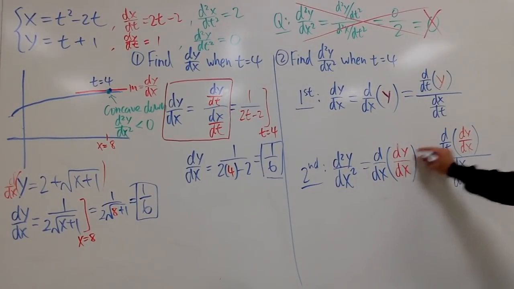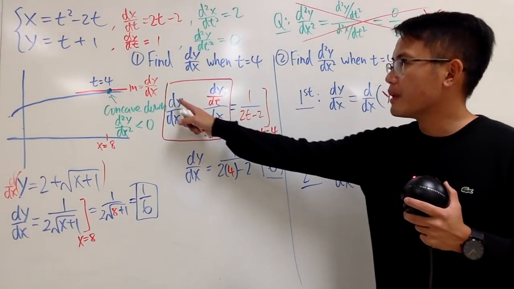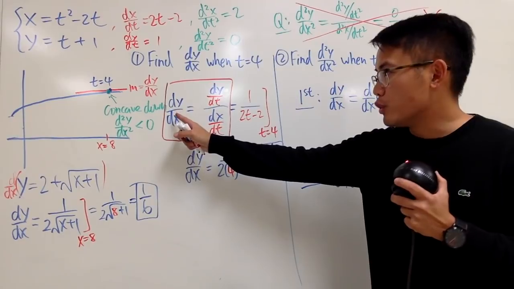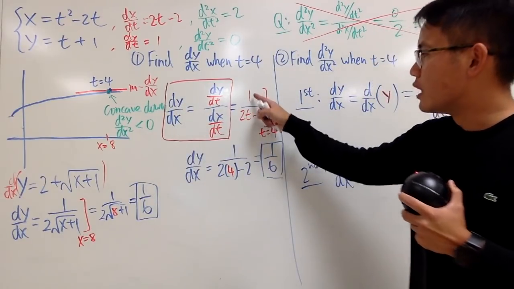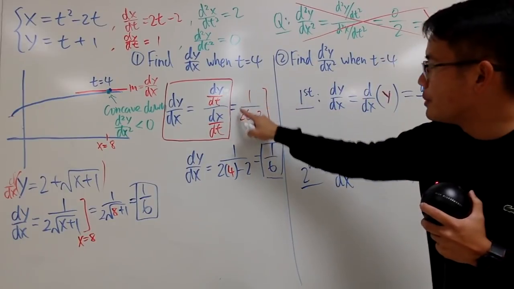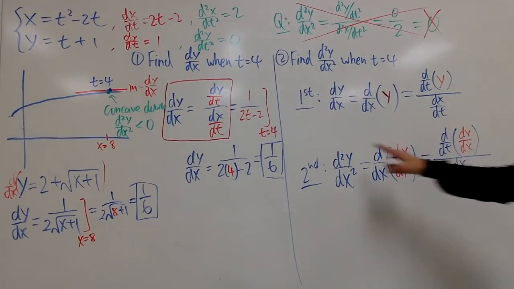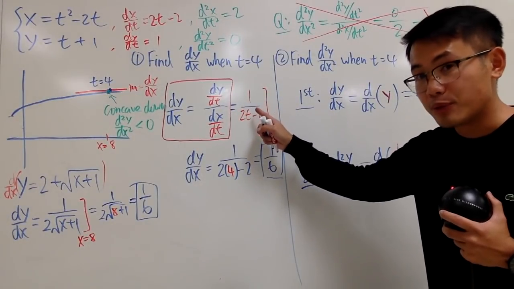You put the first derivative right here, you put whatever you want right here pretty much, and you are differentiating this with respect to time. This right here makes sense because as you saw earlier, dy/dx in the parametric equation world was in terms of t. So in fact, in order for me to do this, I will be putting this right here, meaning I will have to differentiate this with respect to t.